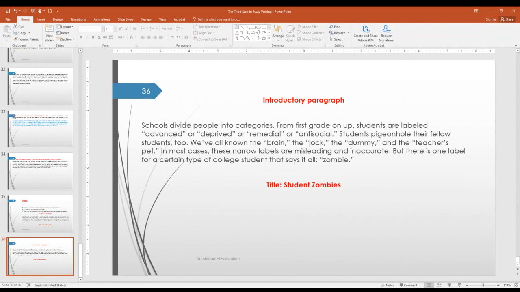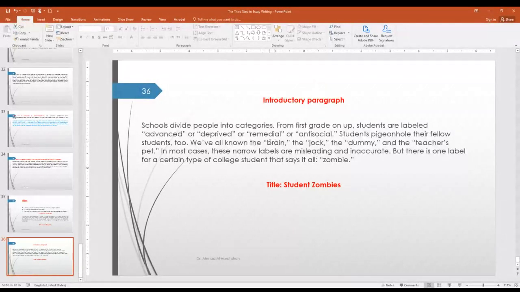Students label their fellow students too. We have all known the brain, the joke, the dummy, and the teacher's pet.